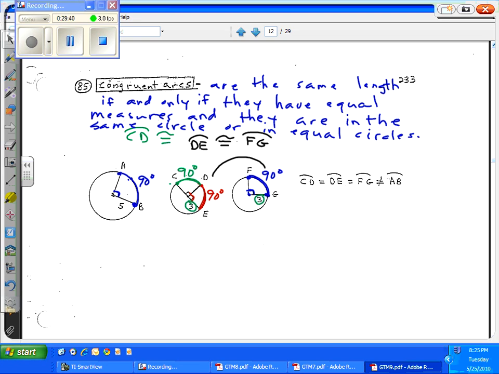That would be circles that have equal radii, okay? So if the arcs are going to be the same length, meaning they're congruent, then they would have to come from circles that are equal in size or from the same circle and also have equal measures. So the lengths are equal if and only if the measures are equal and they're in the same circle or in equal circles, okay? Congruent arcs.